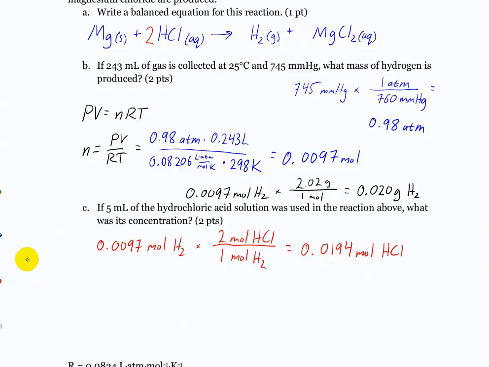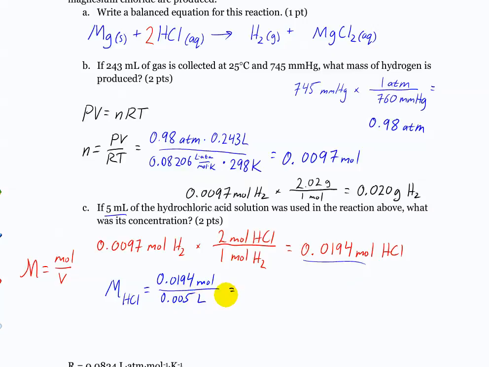So now we know that concentration, or molarity, equals moles over volume, right? So we've got moles, and we've got volume, 5 mL. So the concentration of HCl is going to be 0.0194 moles divided by 0.005 liters.